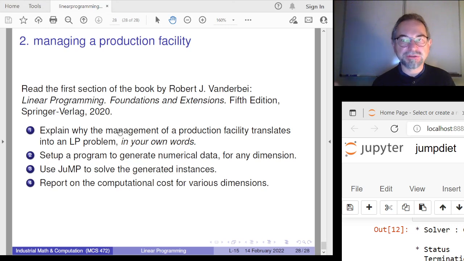Both projects are very similar, although the second project is more geared towards computational costs in general. Okay, I hope this was interesting. I hope if you have never encountered linear programming, that this was useful.